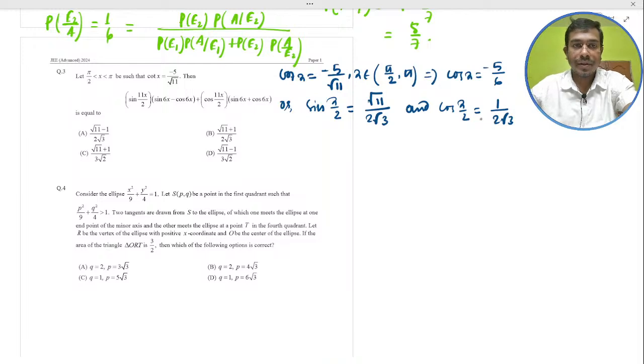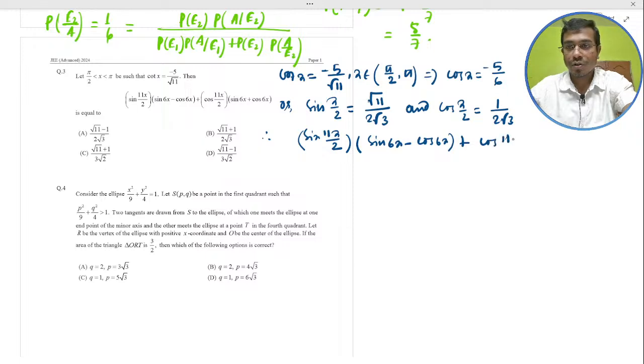Now you have to find, therefore, sine of 11x by 2 into (sine 6x minus cos 6x) plus cos of 11x by 2 into (sine 6x plus cosine 6x).